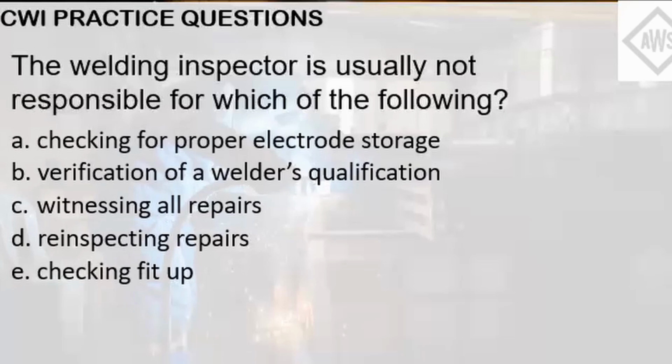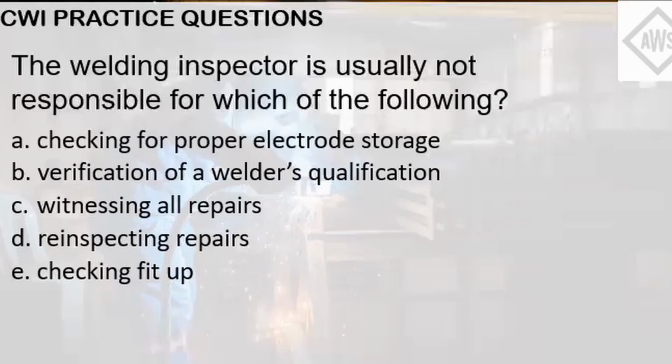Verification of a welder's qualification and creation of the WPQR or welder qualification record is a responsibility of a welding inspector, as he should determine whether a welder passed a certain code such as ASME 9, AWS D1.1. Letter D is what I mentioned regarding reinspection of repairs, wherein the inspector must check if the weld repair has satisfactory results.